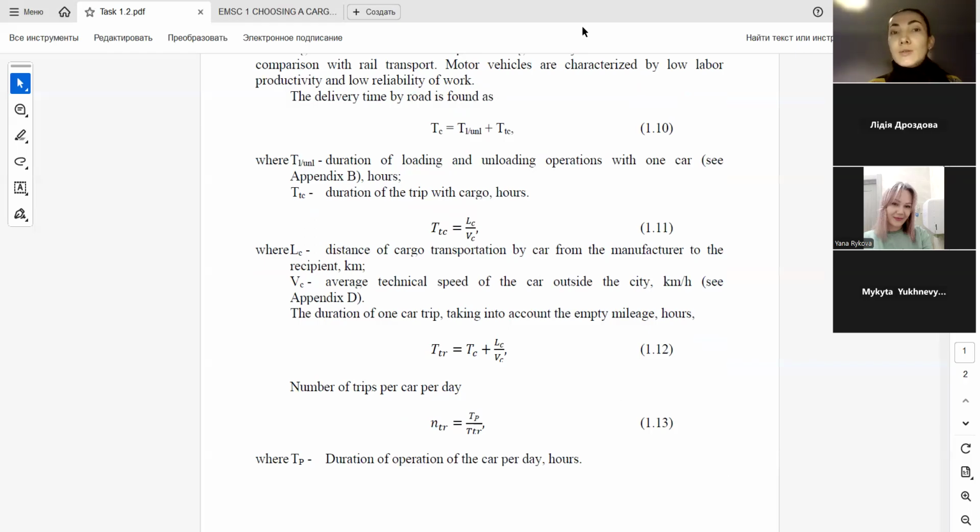Calculate for one minute. I stopped sharing and will come back.